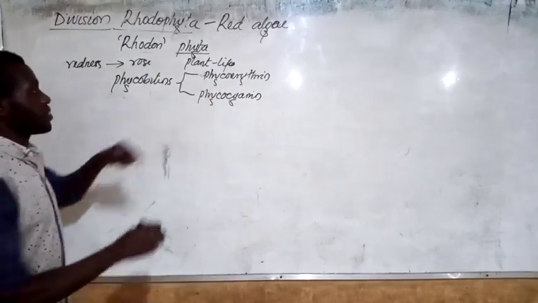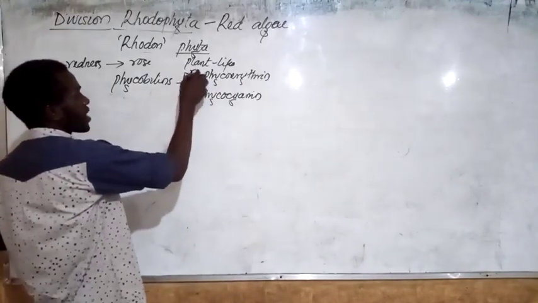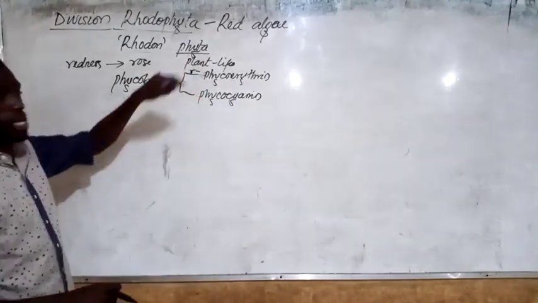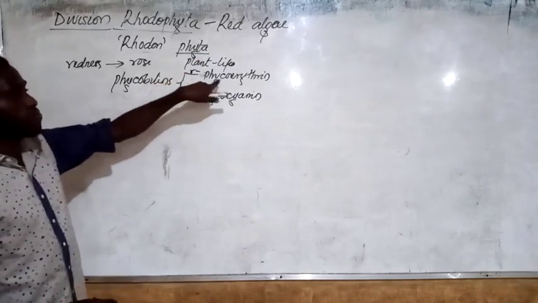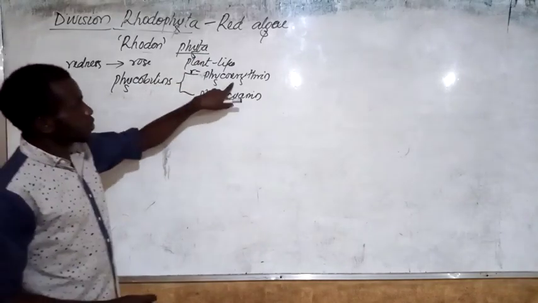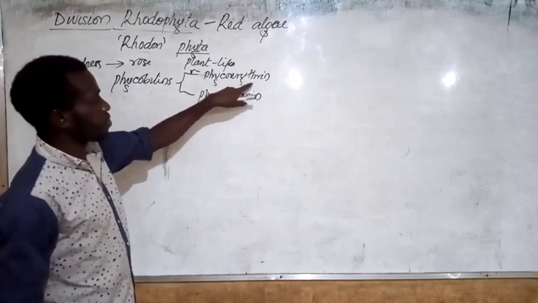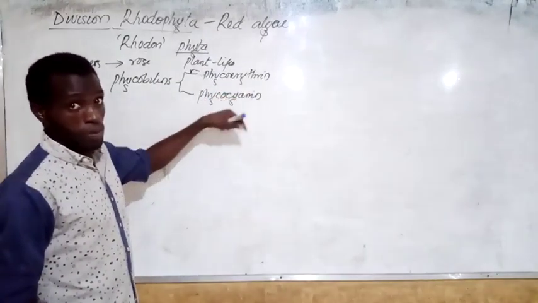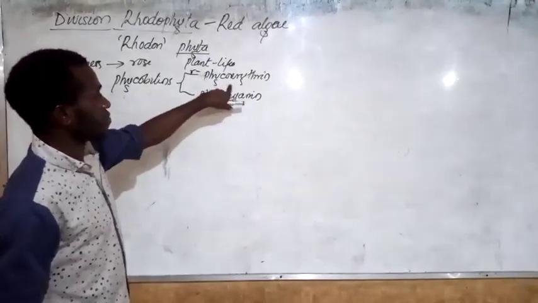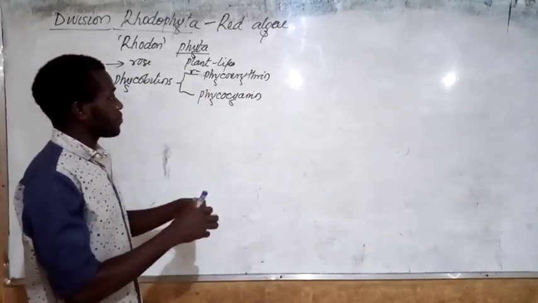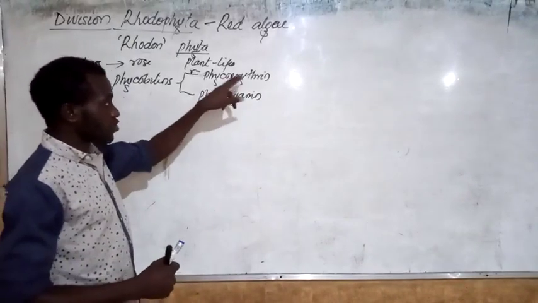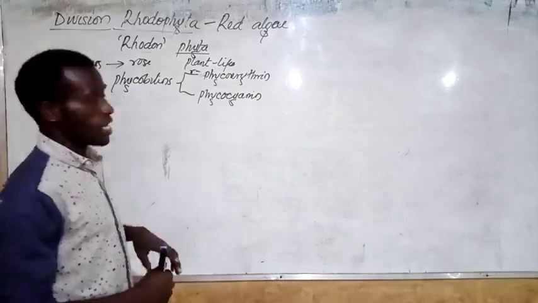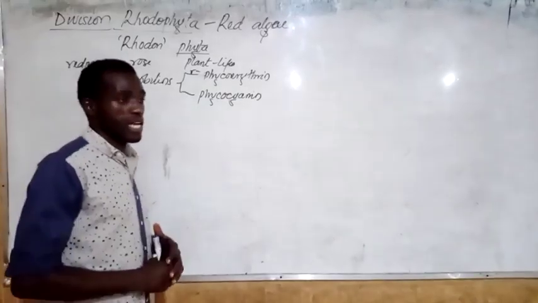If you notice, you see the word erythrine from erythrocytes, red blood cells. So basically, the phycoerythrine is by and large concerned with that redness coloration that the red algae possess.